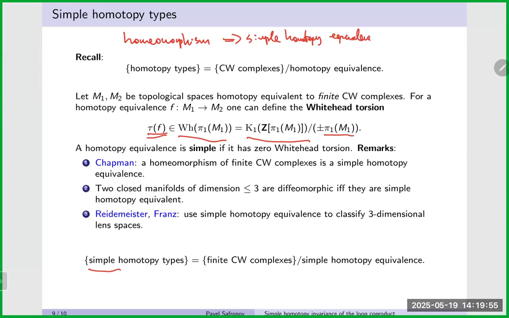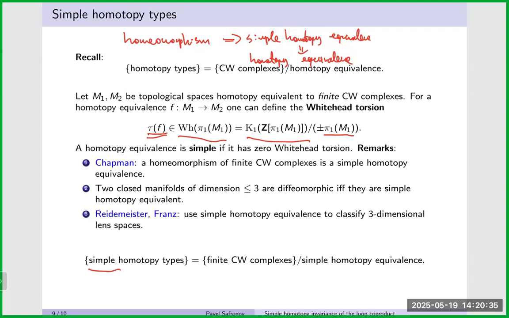And then a simple homotopy equivalence is a homotopy equivalence. Okay, so you have these sort of various notions of sameness for topological spaces. If you look at manifolds of dimension at most 3, it turns out that simple homotopy equivalence implies homeomorphism. So if you have two manifolds of dimension at most 3, then they're simple homotopy equivalent if and only if they're homeomorphic.